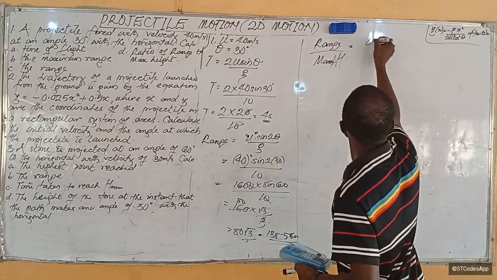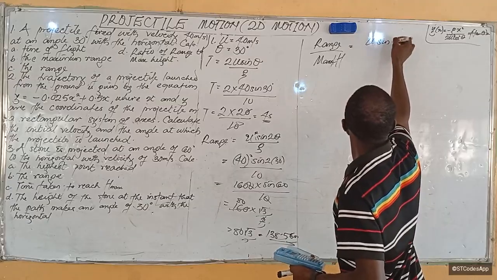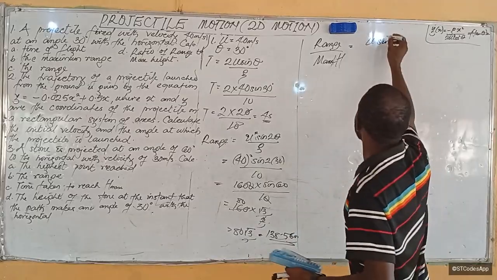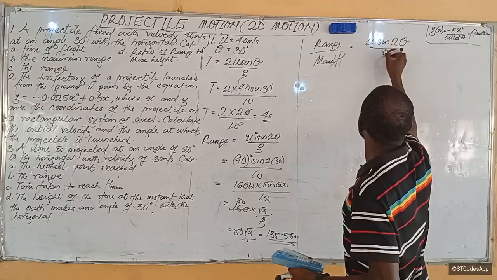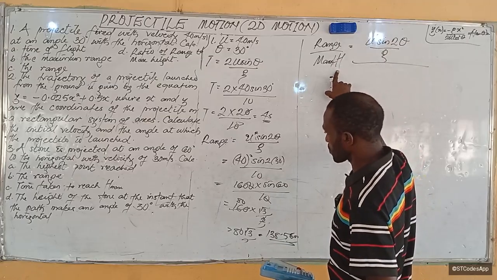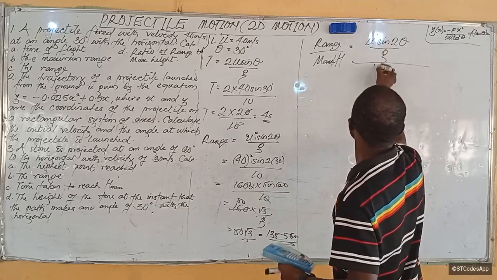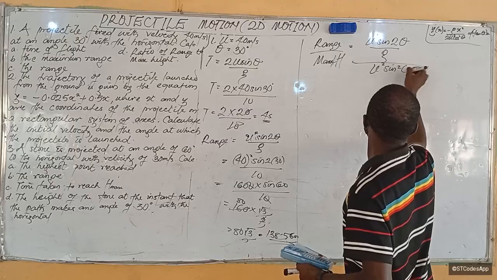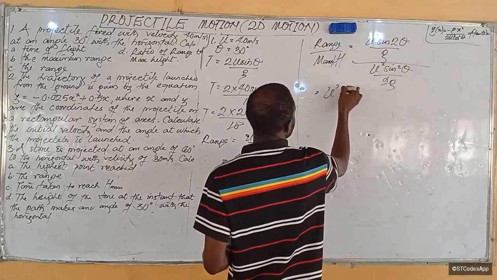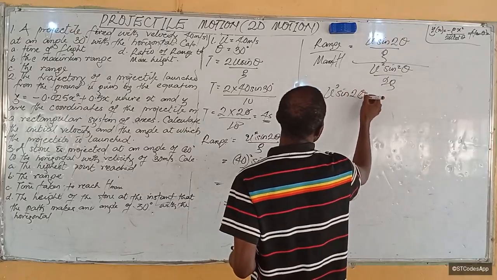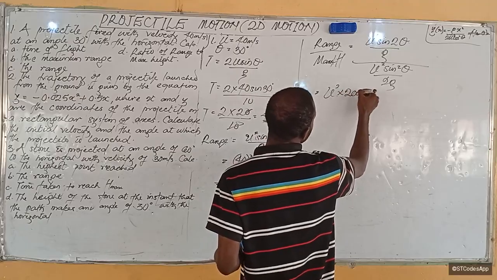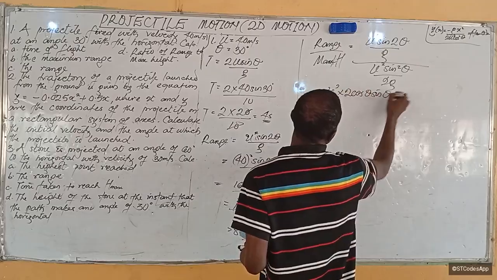Range is u squared sine 2 theta over g, divided by maximum height. What is the formula for maximum height? u squared sine squared theta over 2g. Sine 2 theta came from 2 cos theta sine theta.